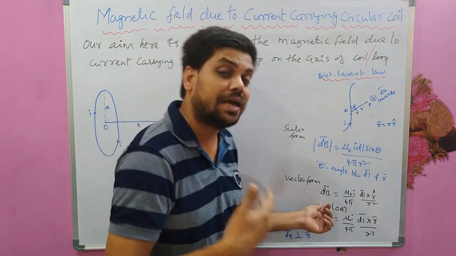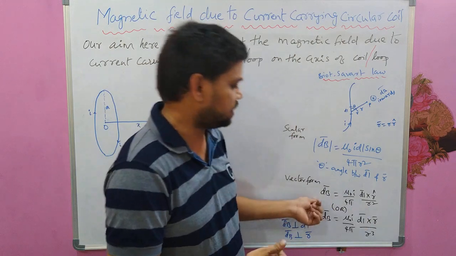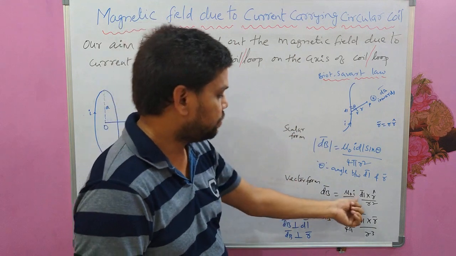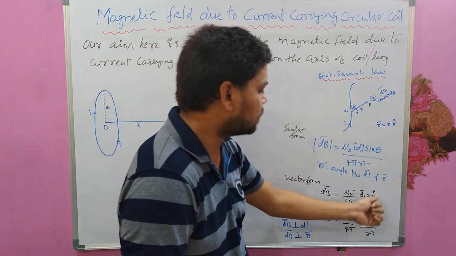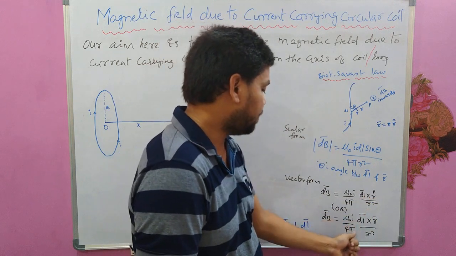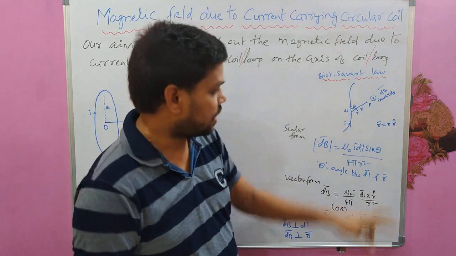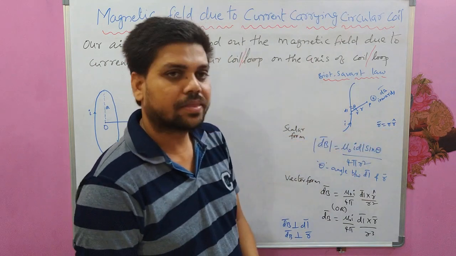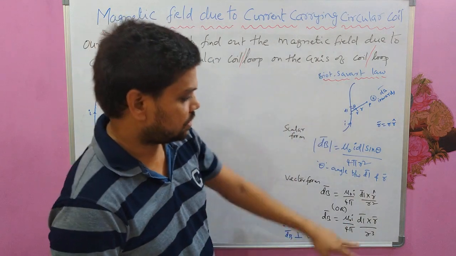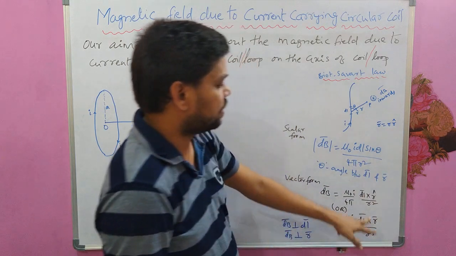If you see this equation, the vector form of the Biot-Savart law is mu naught I by 4 pi dl cross r cap by r square, or mu naught I by 4 pi dl cross r bar by r cube, where r bar is r r cap. Both of these formulas are the same. If I substitute r cap in place of r bar, again I will get this.